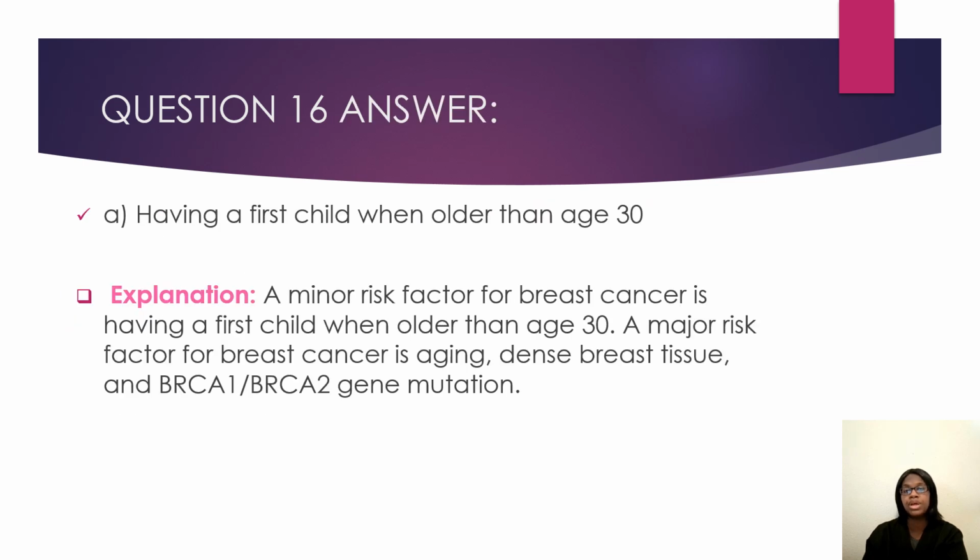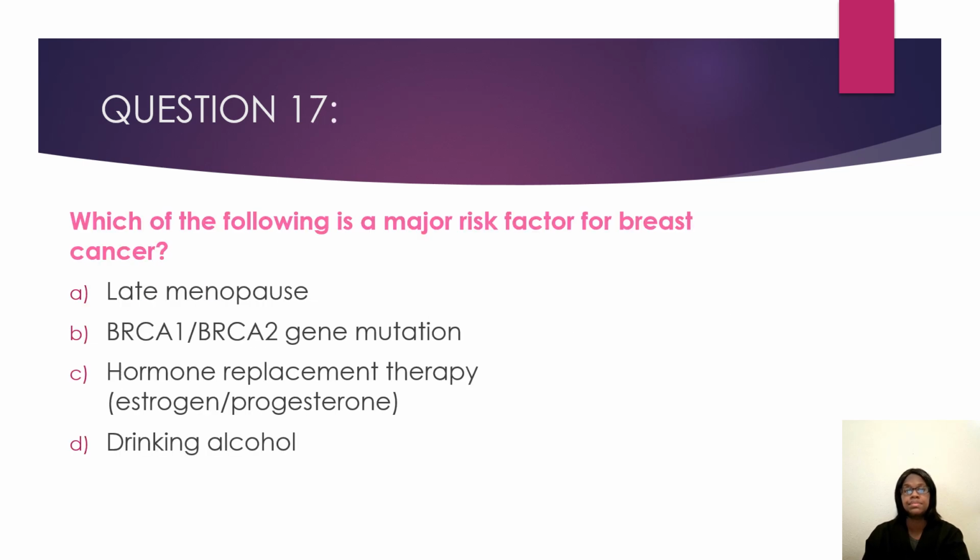Having a first child when older than age 30. So this is considered a minor risk factor for breast cancer. A major risk factor for breast cancer is Asian, dense breast tissue, your BRCA1, BRCA2 gene mutation.